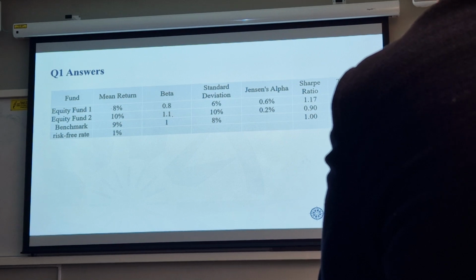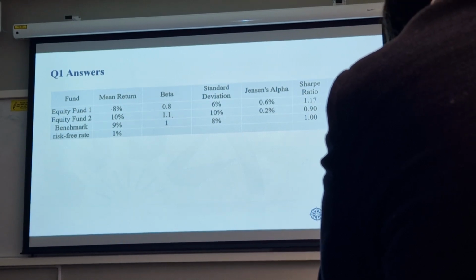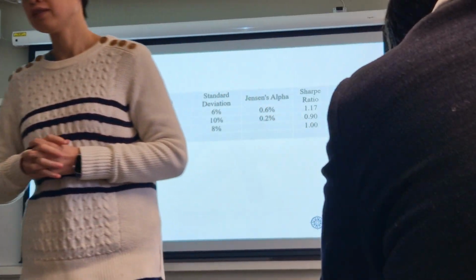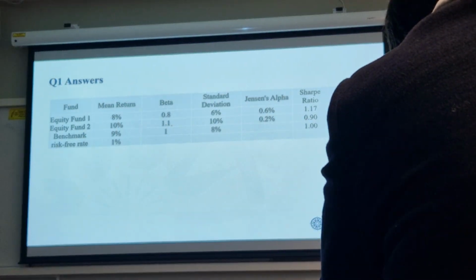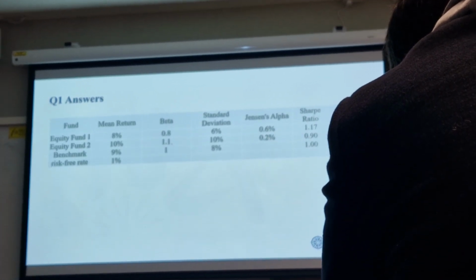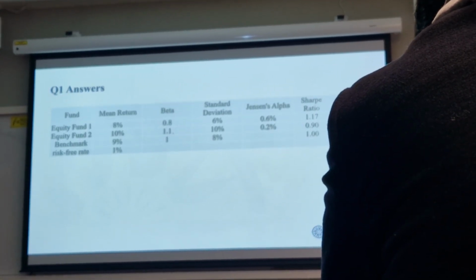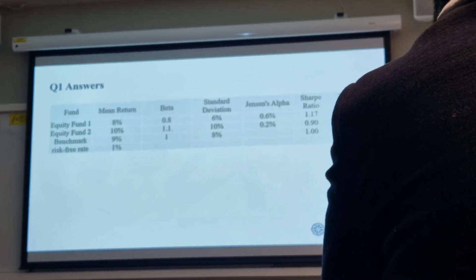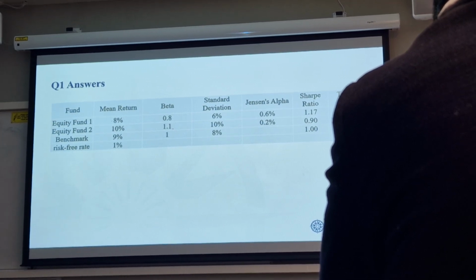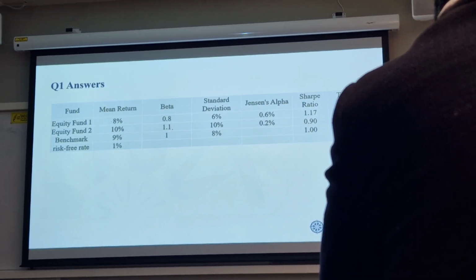So in which cases do you use the Sharpe ratio and in which cases do you use the Treynor ratio, because they are very similar? We can assess the scenario by looking at all these ratios. Sometimes the Sharpe ratio of some fund is not that good, but it has a higher Treynor ratio.